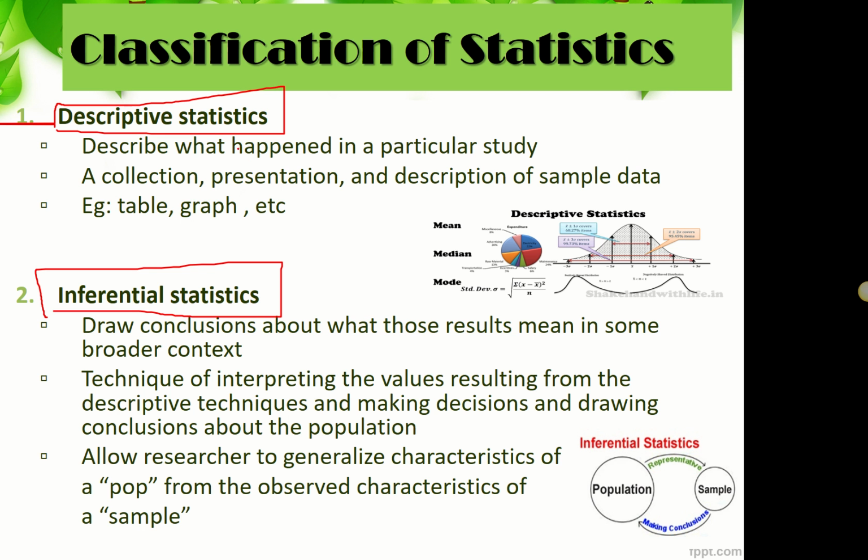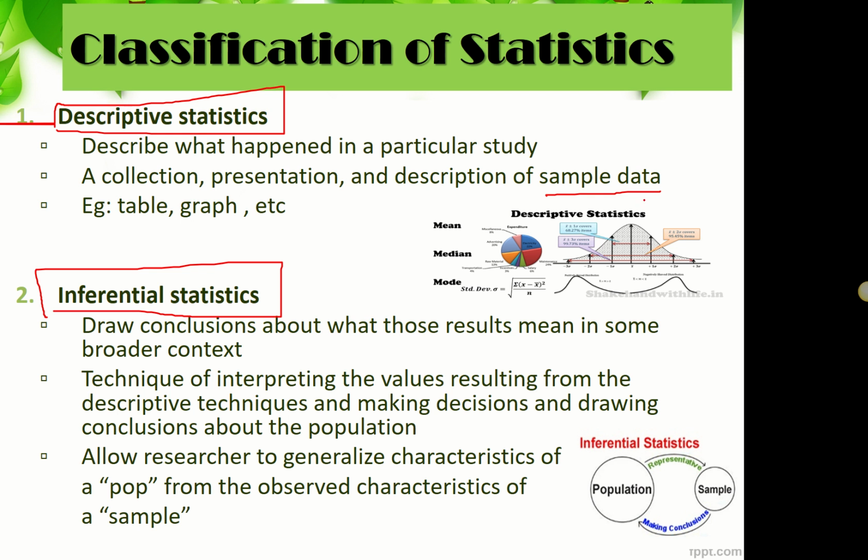We are describing what happened in a particular study. For example, we have collected the data and we are describing the percentage that we get, the mean value that we get, and who is higher and who is lower. This is descriptive statistics. We are describing our sample of data.